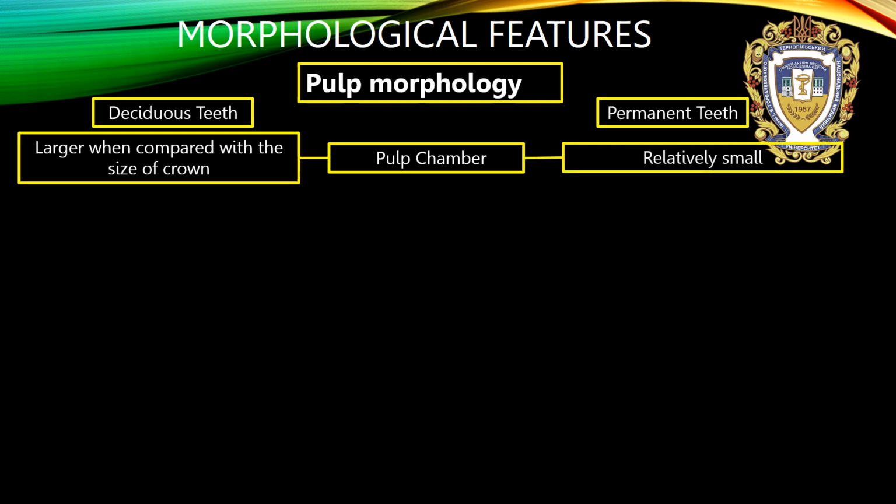But in permanent teeth, pulp chamber is relatively small, not absolutely in millimeters, but relatively in comparison with the size of crown part.